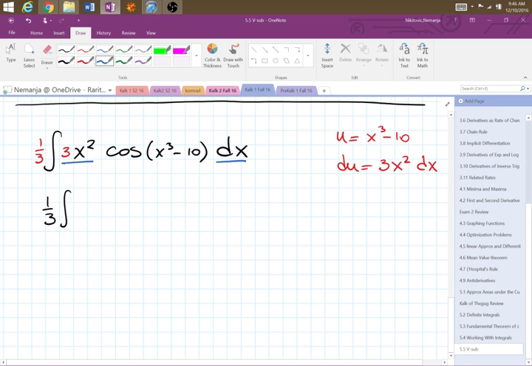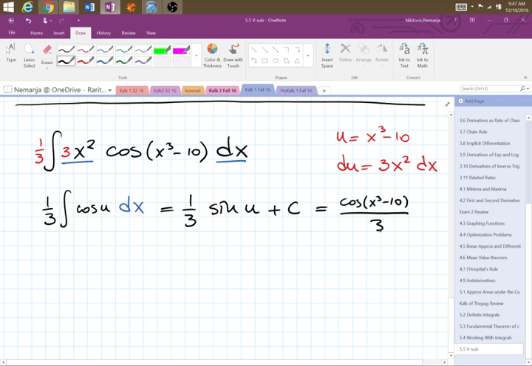These two put together, remember multiplication is commutative, I can put this in any order I want. So 3x squared dx is going to be the du, and then I have the cosine u in front. So that's 1/3. Integral of cosine u is sine u plus c, and then we just write sine of x cubed minus 10 divided by 3 plus c. You can do 1/3 times sine or everything over 3, whatever your heart desires. It's calculus, supposed to be happy.